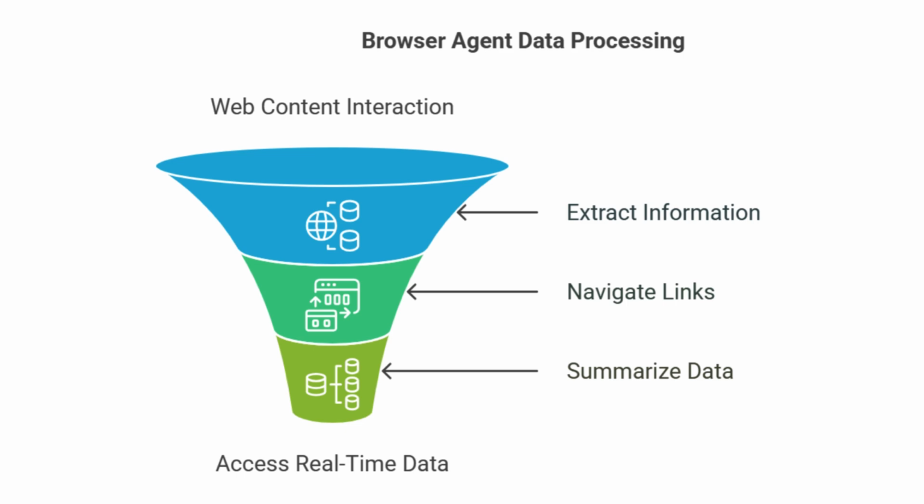Traditional language models are limited to the information they were trained on, but vision and browser agents allow AI to see, read, and interact with real-world data in ways that text-based models cannot.